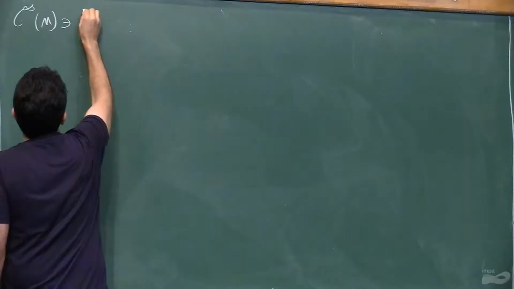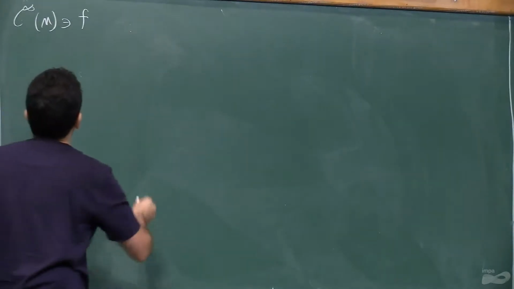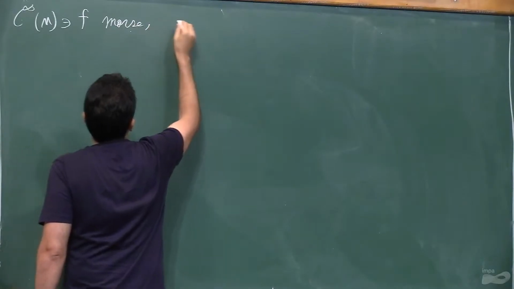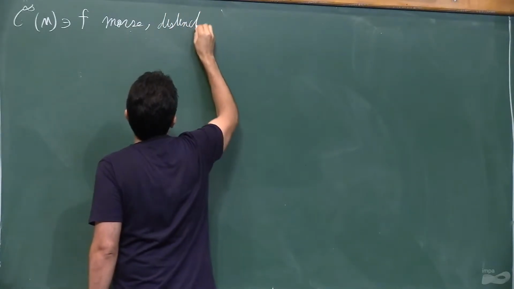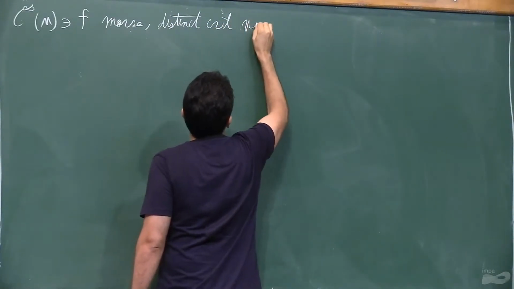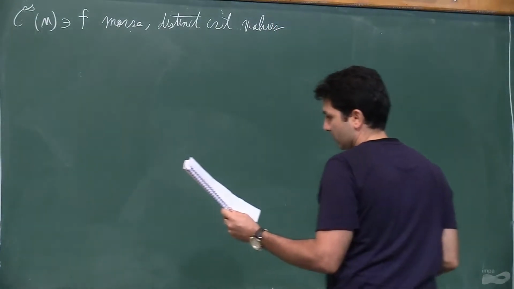Okay, so suppose you have a Morse function on your favorite manifold. So it's Morse and has, for this part I'll need to assume it has distinct critical values. You could kind of ignore that for now. I think that's called a very nice Morse function or something in the literature. Perfect.